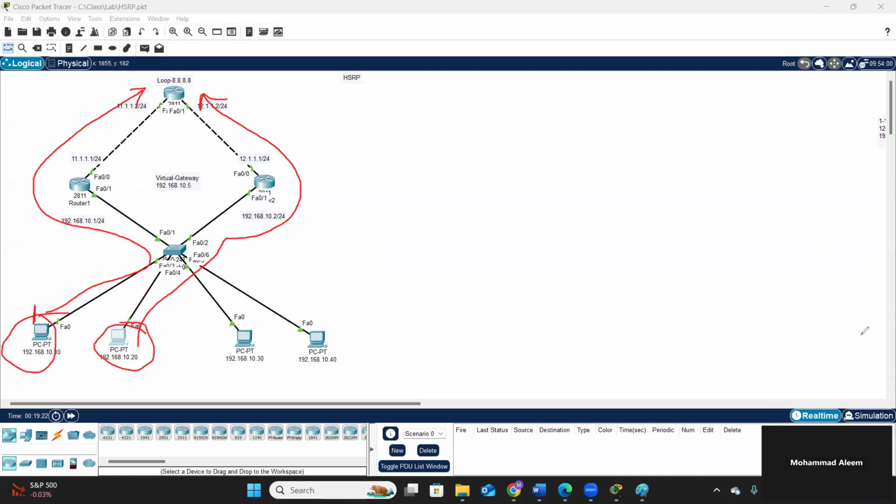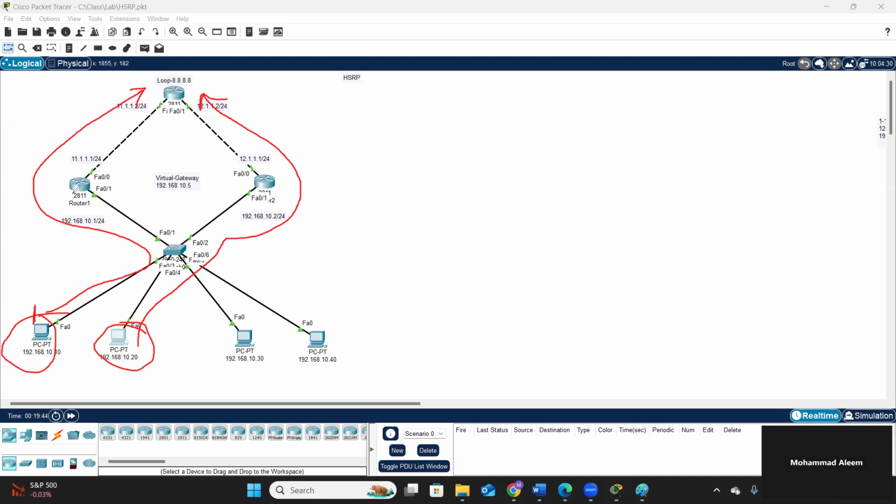Now, if some issue came and this interface, this router, this LAN or this WAN goes down, anything goes down. In some cases, a rat bites the cable, a physical cable issue.